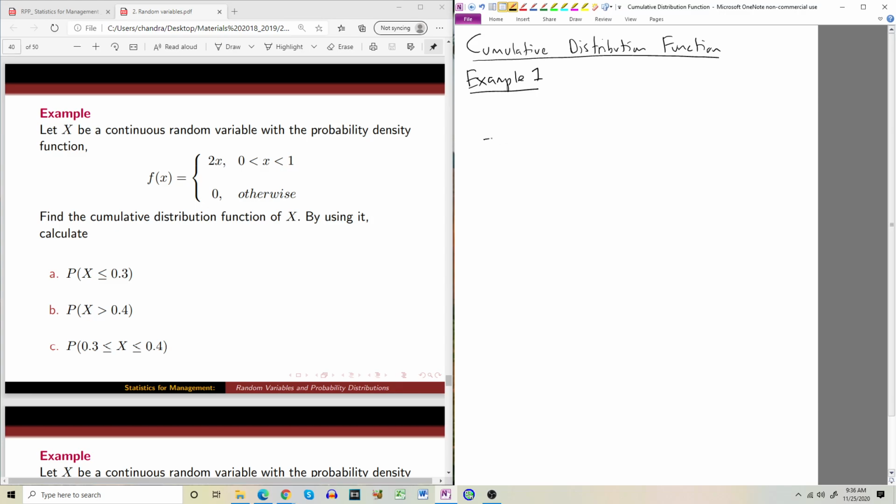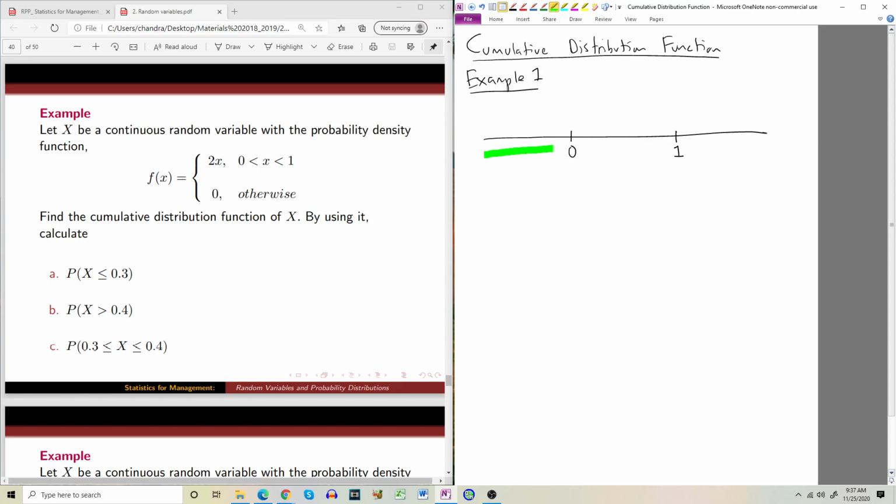The interval given there is 0 and 1. Now if I want you to do the density function, in the discrete, what do you do?